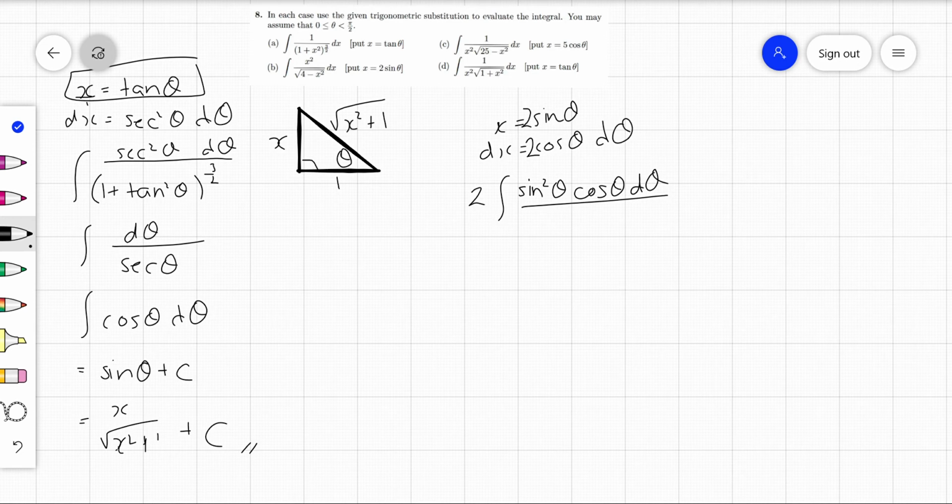So you can see that at the bottom we're going to have 4 minus, and we're going to square x, which is 4 sine squared theta. We know that that is 4 times 1 minus sine squared theta. The square root of 4 is 2, and the square root of 1 minus sine squared is cos squared. The square root of cos squared is just cos. So let's put that on the bottom.